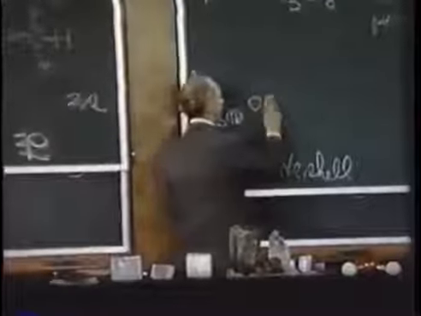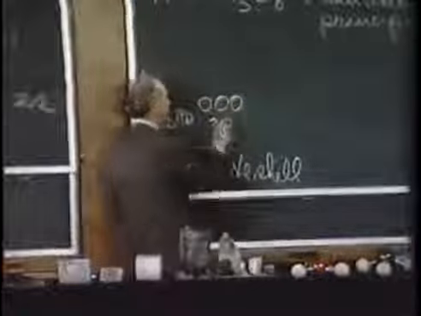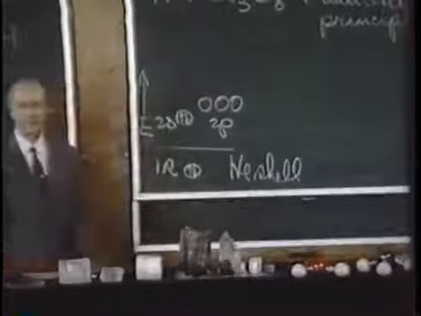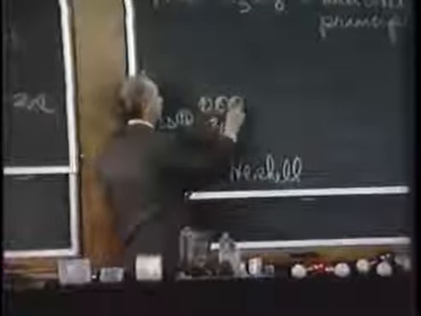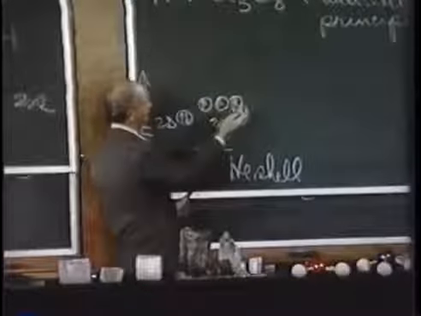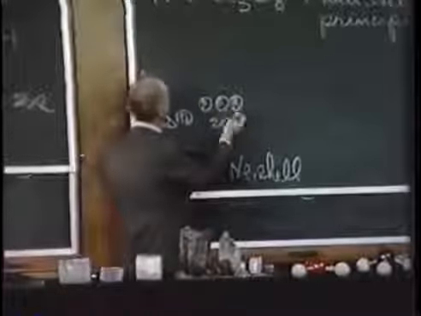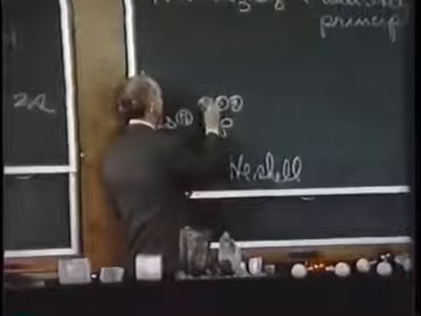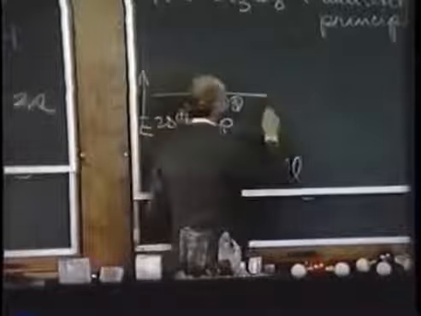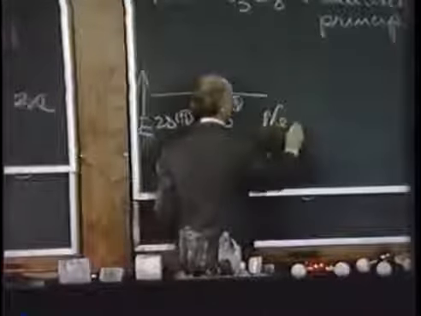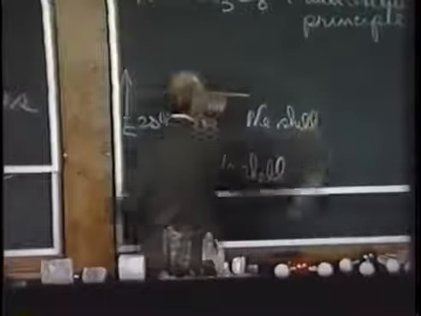Then we have the three 2p orbitals. They can be occupied successively by electrons in boron, carbon, nitrogen, oxygen, fluorine, neon. At neon, this shell too is completed, the neon shell.